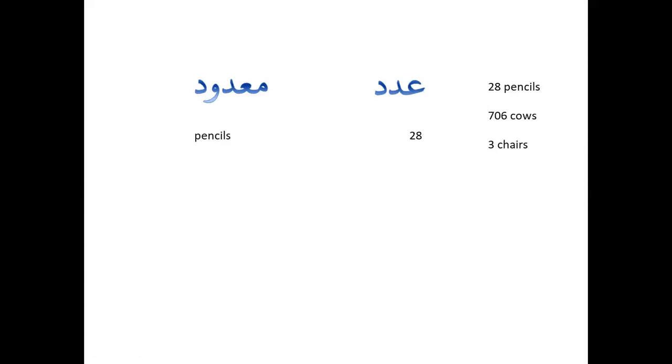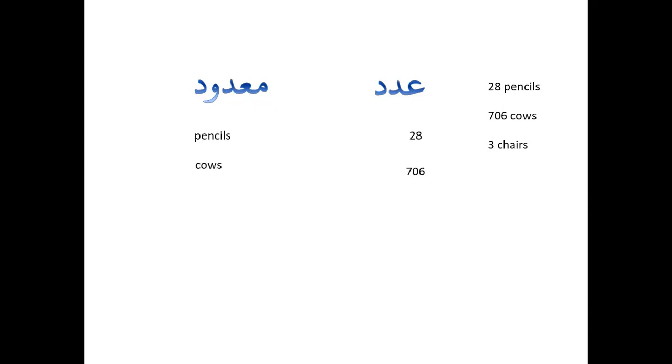So 706 cows. What would be your adad? You can turn on your mic and just make sure there's no background noise, and go ahead and answer. So 706 cows. What is adad in this? Anybody? 706. Perfect. And what is madud?